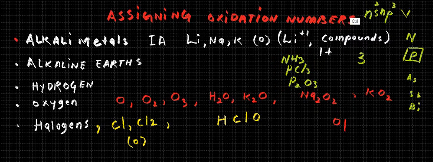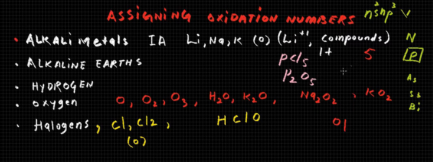The other possible oxidation number of these compounds owing to their valence shell electrons is 5, when all the electrons are involved in chemical bonding. For example, you have PCl5, you have P2O5, or you have H3PO4, or you have N2O5, or you have HNO3.